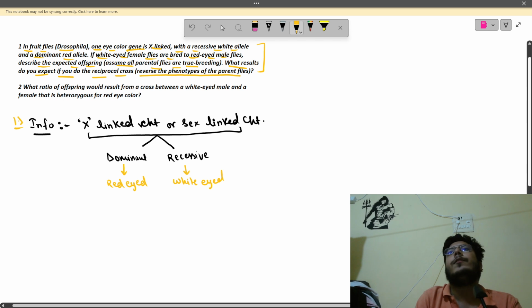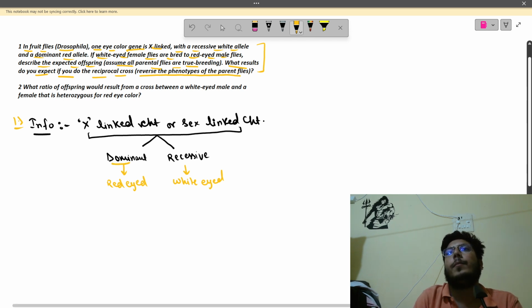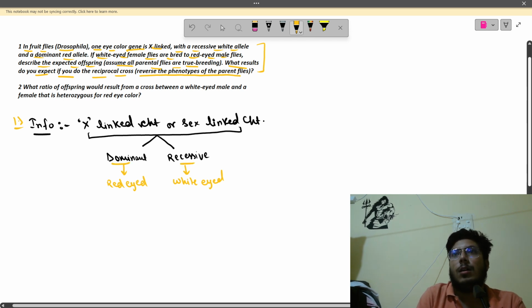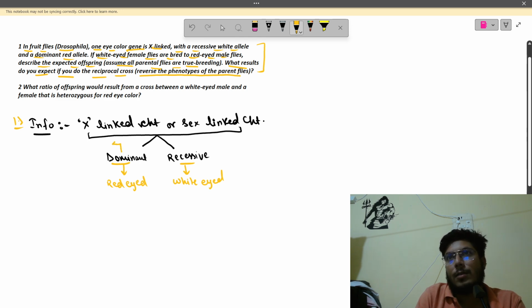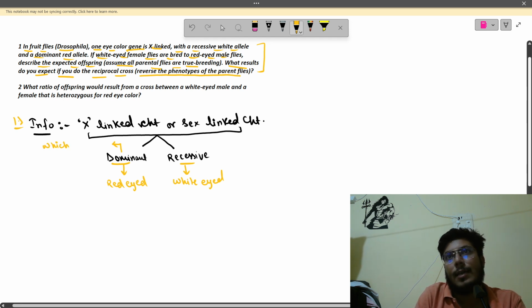What do we understand by the words dominant and recessive? Firstly, we have to understand this. Dominant means a character which can express in heterozygous condition also.